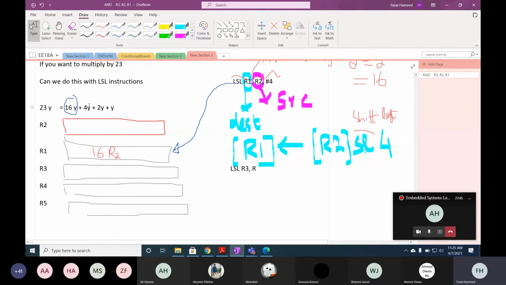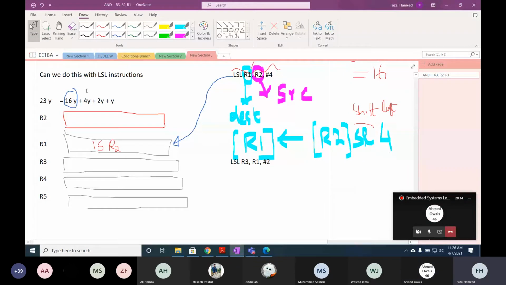Now it is 16 R2. We want to multiply it with 4. So to multiply by 4, how many shifts do we need to perform? Tell me. So 2. Very good.